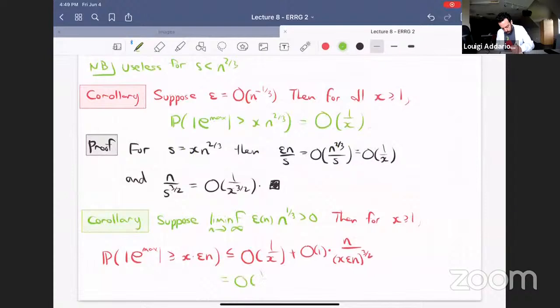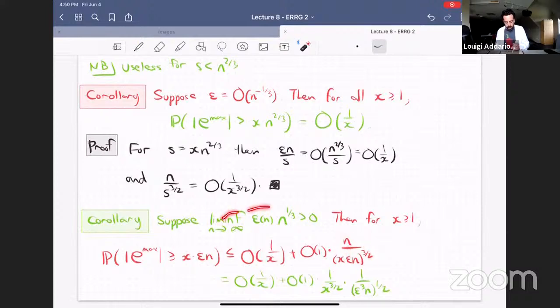So that's order 1 over x, and then the second term is order 1 times 1 over x to the 3/2, and then 1 over epsilon cubed n to the 1/2, right? We have an epsilon to the 3/2 here, and we're only left with a power n to the 1/2.